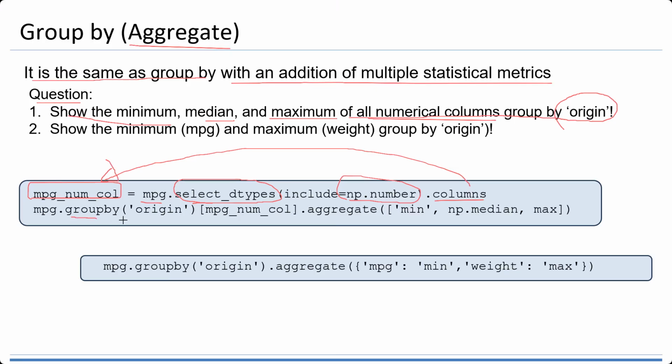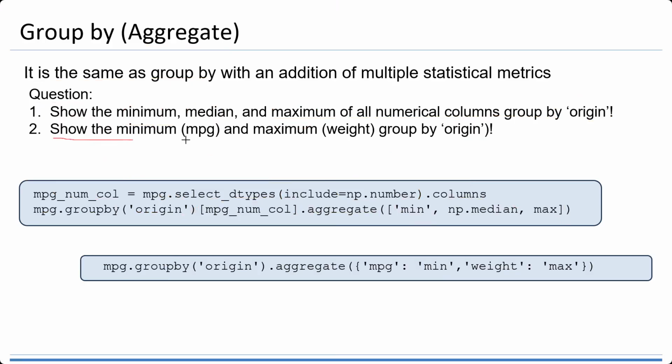And then I would like to group by the origin, and let's put all the numerical values and do the aggregation based on the minimum, the median, and the maximum. Okay. Minimum, median, and maximum.